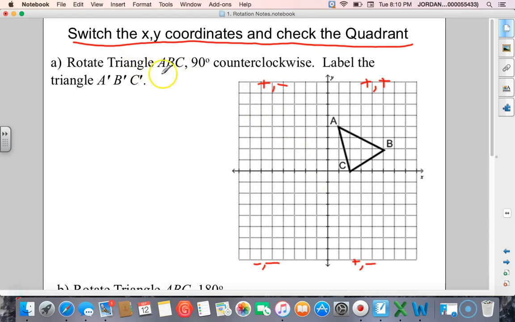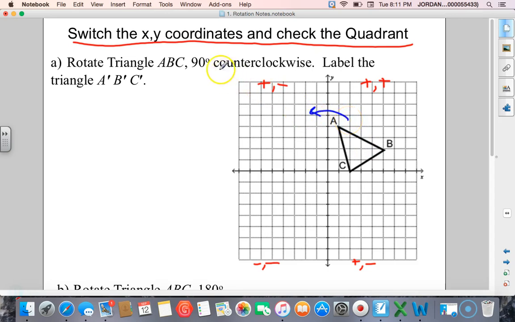It says to rotate triangle ABC 90 degrees clockwise and label the new triangle A prime, B prime, C prime. Essentially, we're trying to figure out where we're going to put the new triangle. If I go 90 degrees counterclockwise, that's going in this direction into this quadrant.